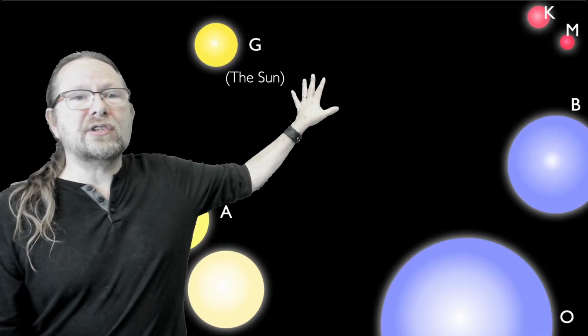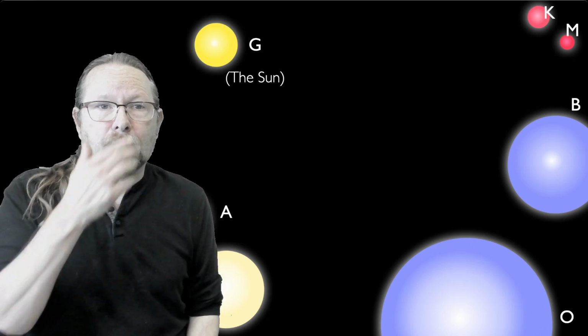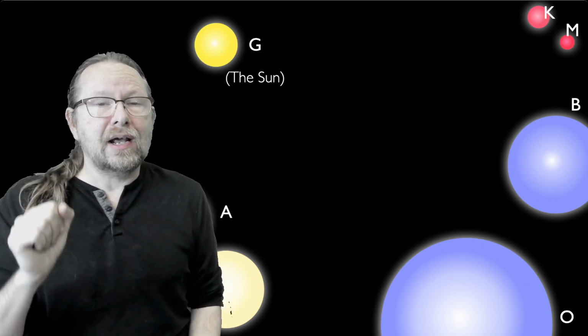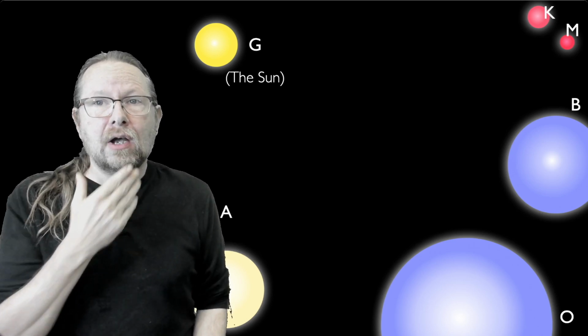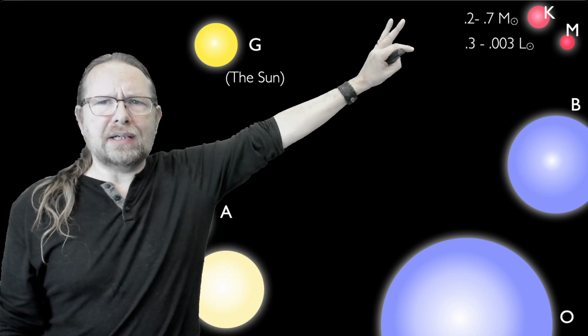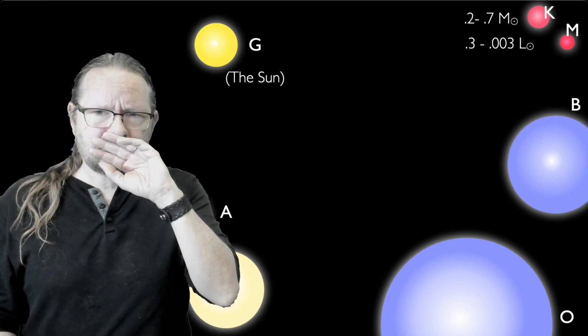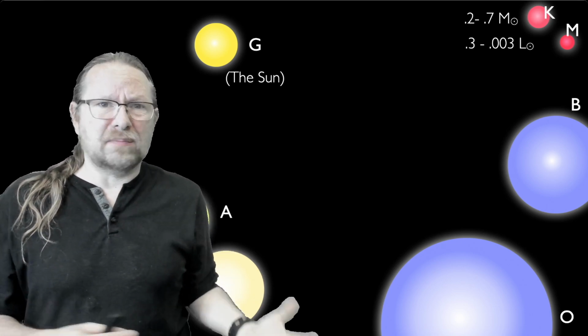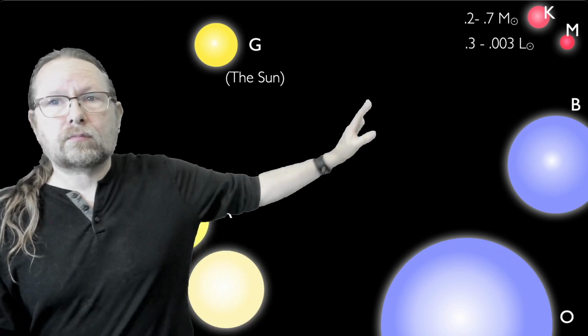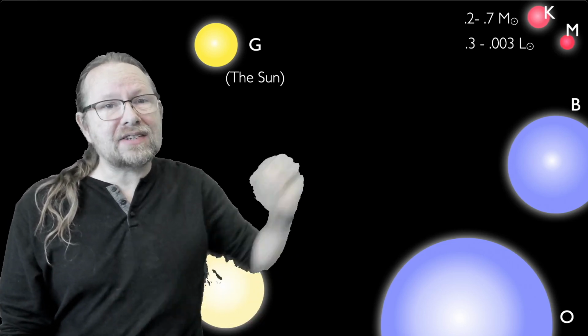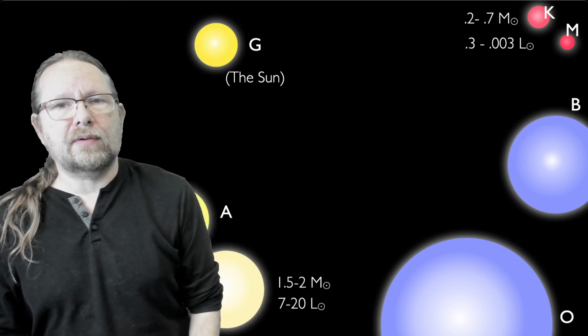So if we use the sun as our meter stick for stellar properties, we call the brightness of the sun one brightness unit and the mass of the sun one mass. K and M type stars can be between 0.2 and 0.7 solar masses, so around half the mass of the sun, maybe a little more, maybe a little less. But the brightness can be from 30% all the way down to less than 1% the brightness of the sun.